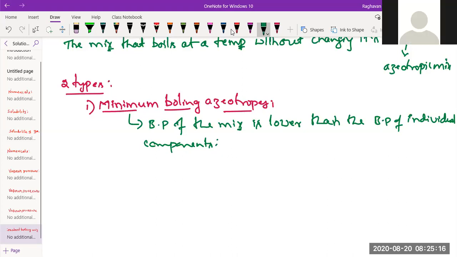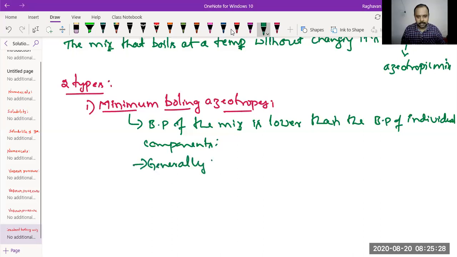Vapor pressure will be higher, so the boiling point will be lower. Very good. So generally, positively deviating solutions will form examples of minimum boiling azeotrope. They form this type of solution.